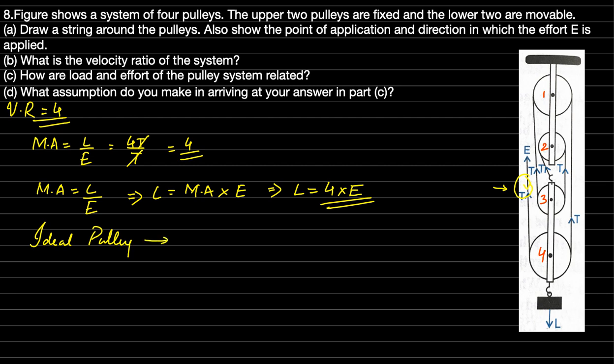We just discussed this in the last problem actually. Ideal pulley means 100% efficiency. After this, the second thing that we consider in all the problems of machines, that is no friction. So the first thing is ideal pulley. The next one is no friction.